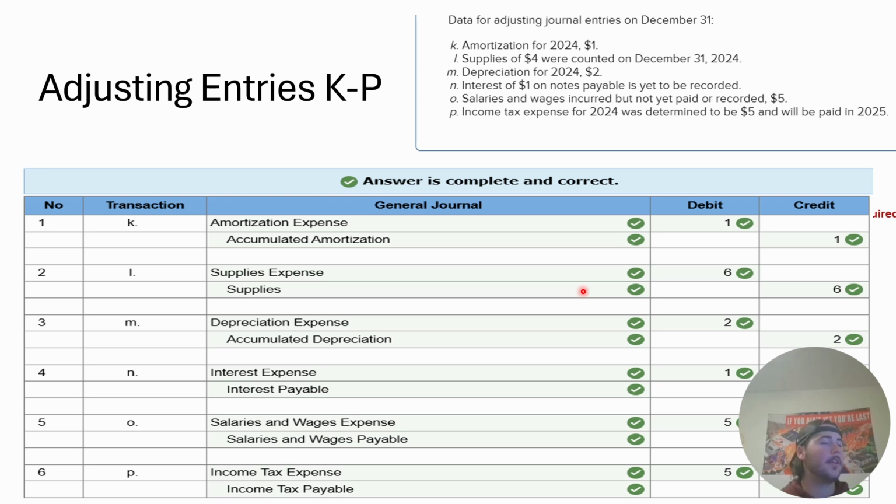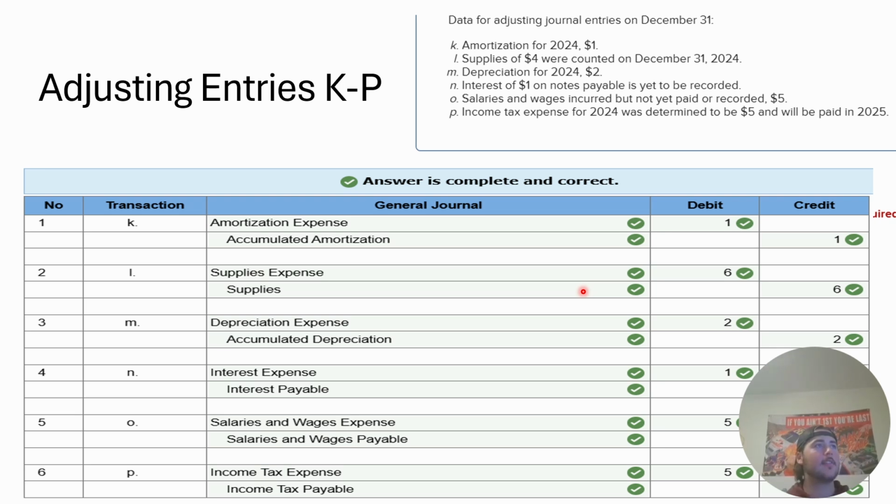This one's a little more complicated. You take the total supplies you had at first, then you have to factor in what you used by looking at what you had at the end. That's why we have $4, or $4,000, of supplies counted on December 31st.